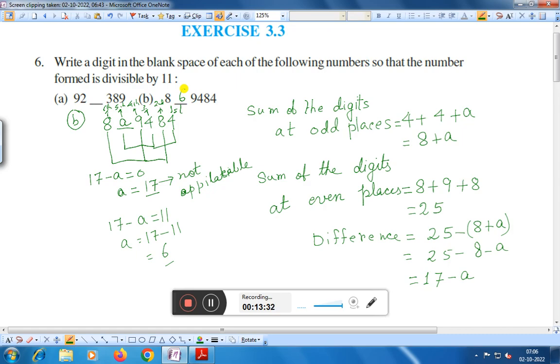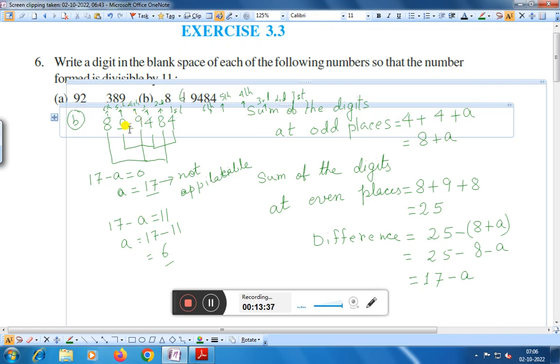Let us repeat once again. First of all, we have taken in place of dash it is a, and we have got all the places, that is first place, second place, third place, fourth place, fifth place, sixth place. After that we have found the sum of the digits at odd places, first, third and fifth, that is 4 plus 4 plus a.